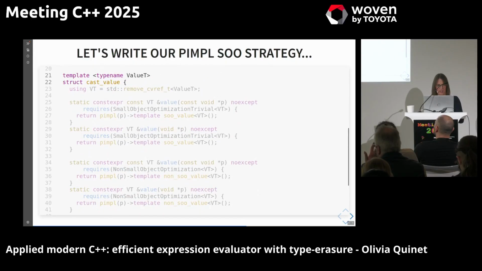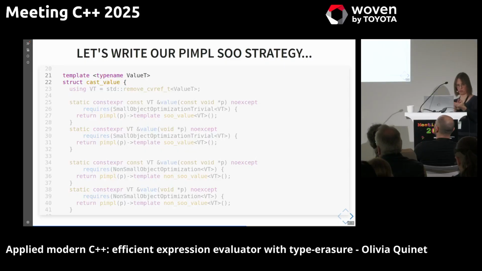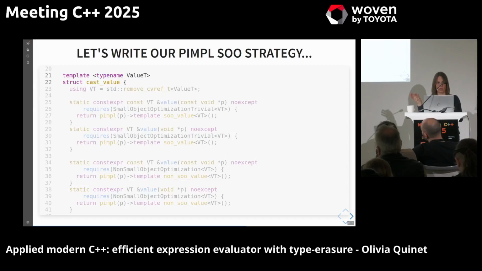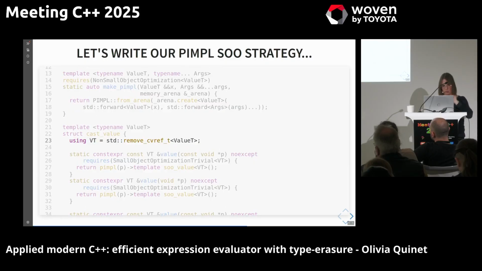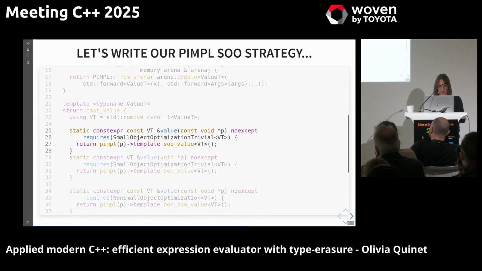Okay, and then here's the cast value. It's the template type that does the link between the pimple and a reference to the value we are going to manipulate. First we remove everything that is not useful within the type, so the const and volatile qualifiers or any reference. That is the function.